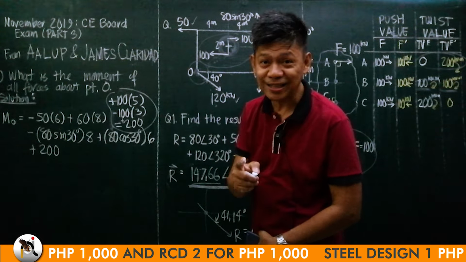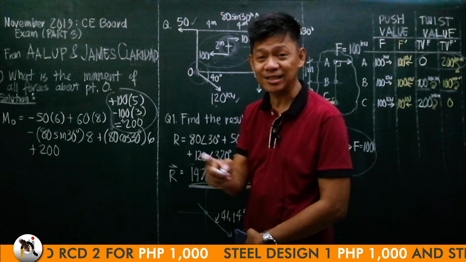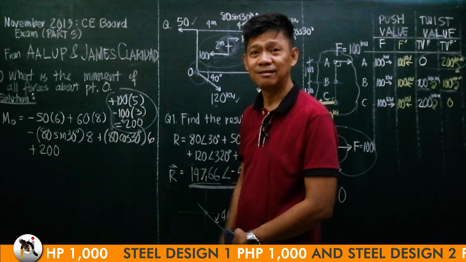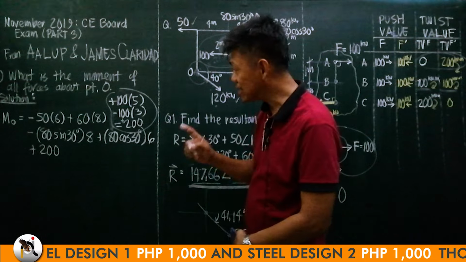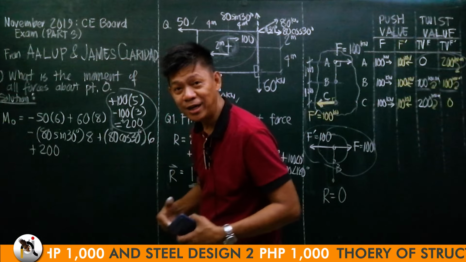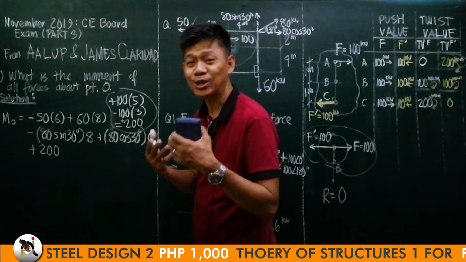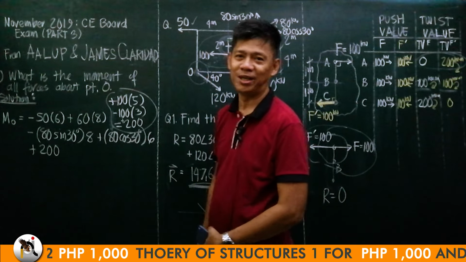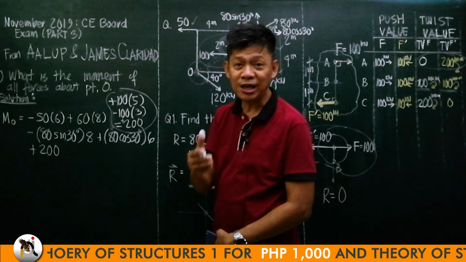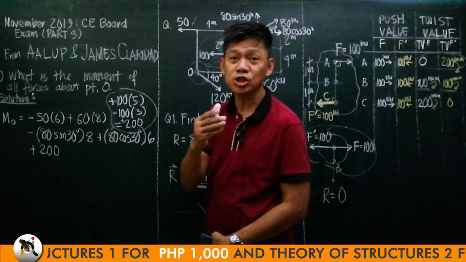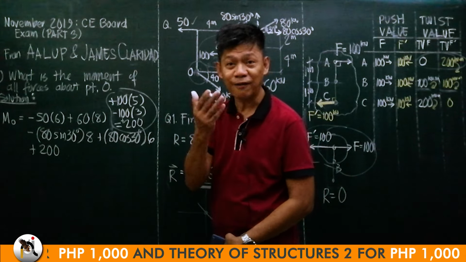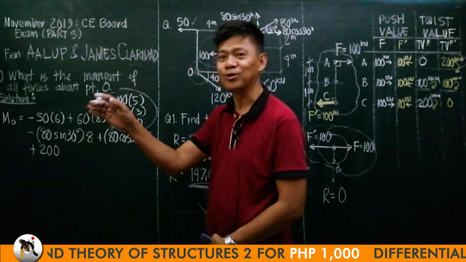Your 200 kilonewton meter is not neglected. It is considered when we are computing that twist value or moment. But when we are computing the push value, or resultant force, then we don't consider it.